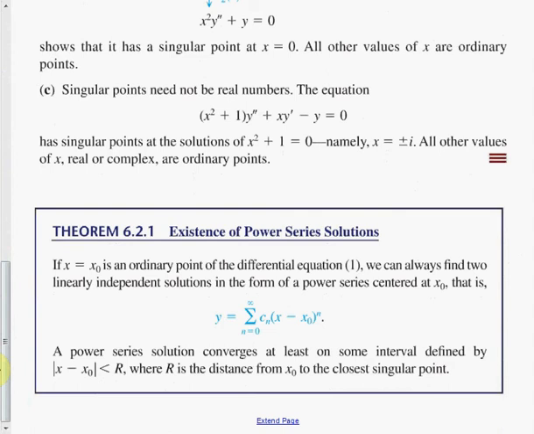Do you remember that? Right? So now we're going to actually build those 2 solutions based on power series. And those are the 2 solutions that they're talking about here, that we can always find 2 linearly independent solutions, c sub 1 times y sub 1 plus c sub 2 times y sub 2. Let's find them.